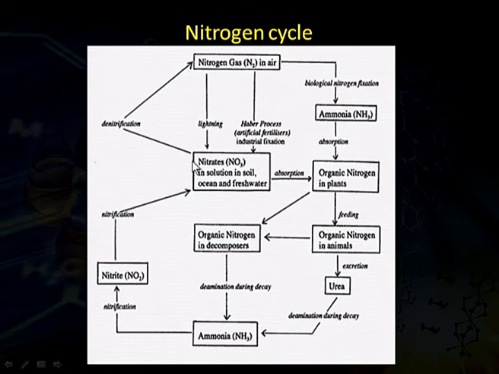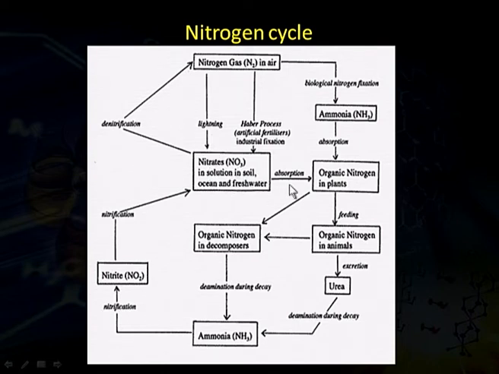These nitrates undergo denitrification and free nitrogen is released in the air. Similarly, this free nitrogen is also fixed by lightning. As I have discussed in my first slide, it is fixed by lightning and converts to nitrates in the soil.